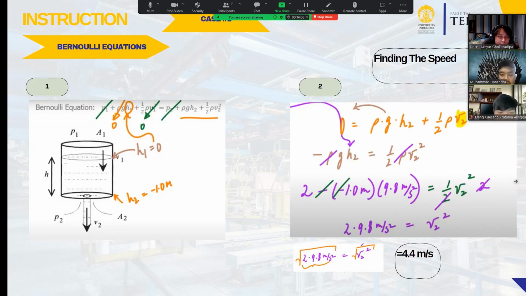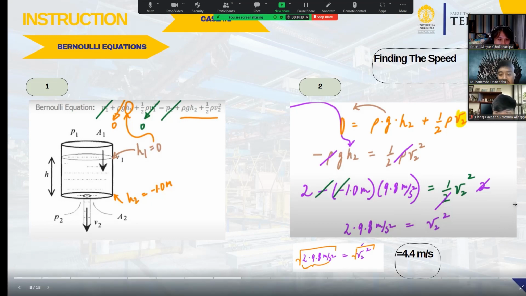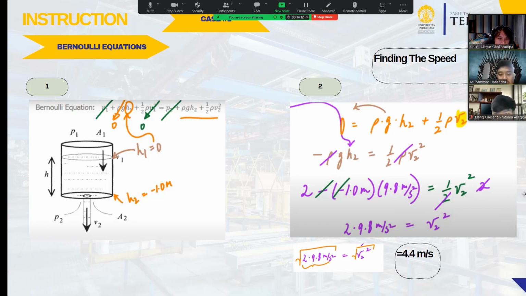From there, we can move the rho g h to the other side, then calculate and eliminate, and we get the velocity of 4.4 meters per second.